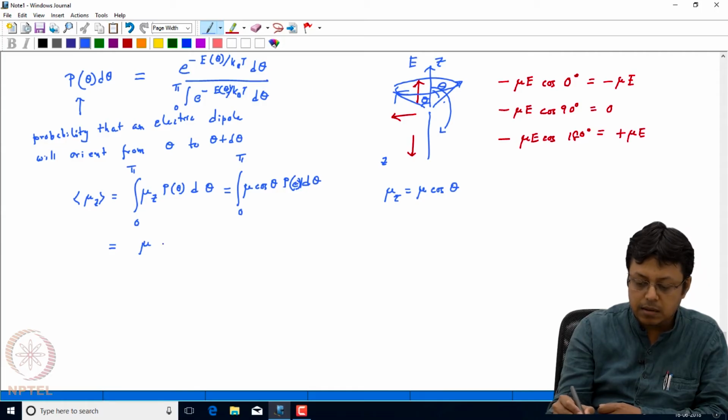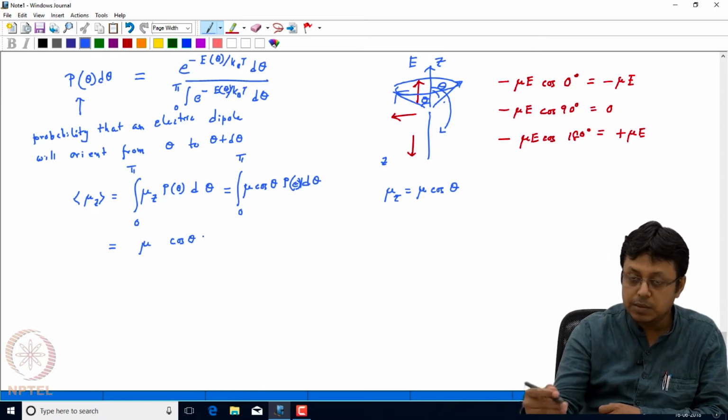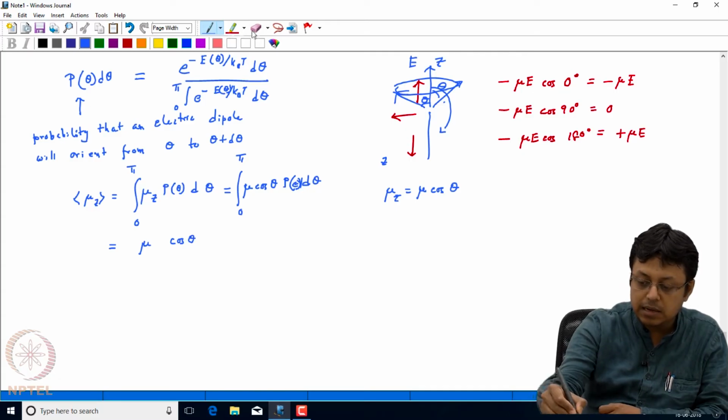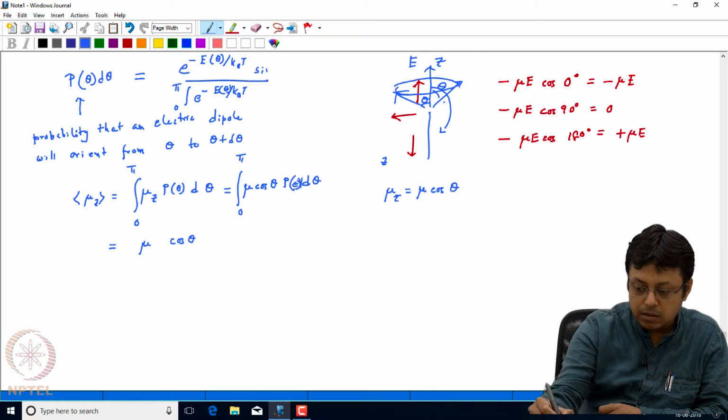And then inside the parenthesis I have basically a cos theta, and then I have the integration, but when I have the overall spherical polar coordinate integration, remember, I missed one thing. If I want to integrate over the spherical polar volume, there will be a sin theta d theta component both in the numerator as well as in the denominator.